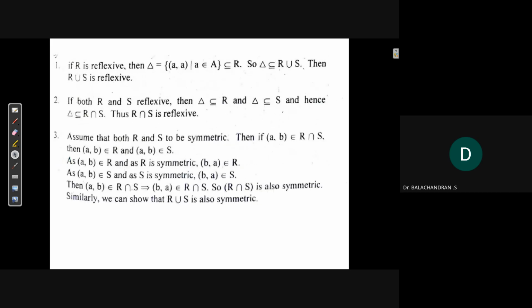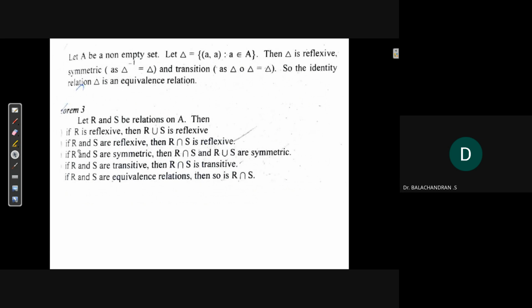What is 2? If R and S are reflexive, R intersection S is reflexive. If R and S are symmetric, R intersection S is also symmetric. If R and S are transitive, then R intersection S is also transitive. Using 2, 3, 4, we say that if R and S are equivalence relations, then R intersection S is also an equivalence relation.